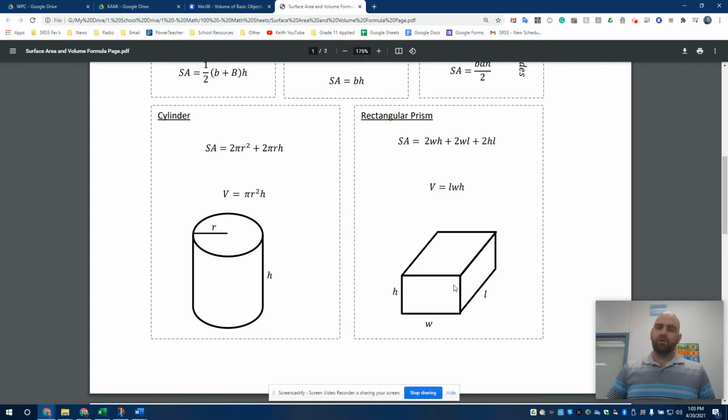The other one is our volume formula for a rectangular prism. A rectangular prism is the only prism that has all rectangles. Outside of that, they all have at least some other piece. This one is a circle. A rectangular prism is all rectangles. A cube or anything that's square related, we could think of as a rectangular prism as well. The volume is the length times width times height.